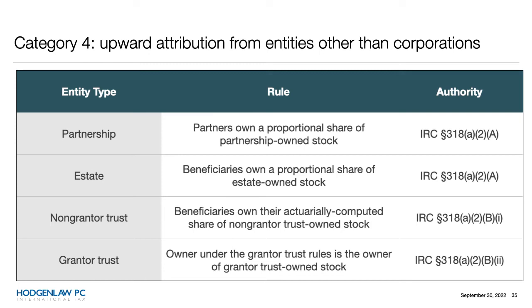The important one down here is going to be grantor trusts. You are the owner of whatever the grantor trust owns. So if you are the grantor of a grantor trust that owns parent company stock, you are the direct owner of the parent company stock, and do the math from there.